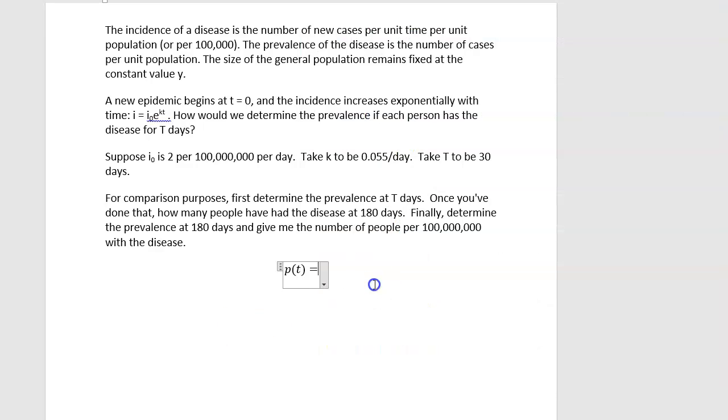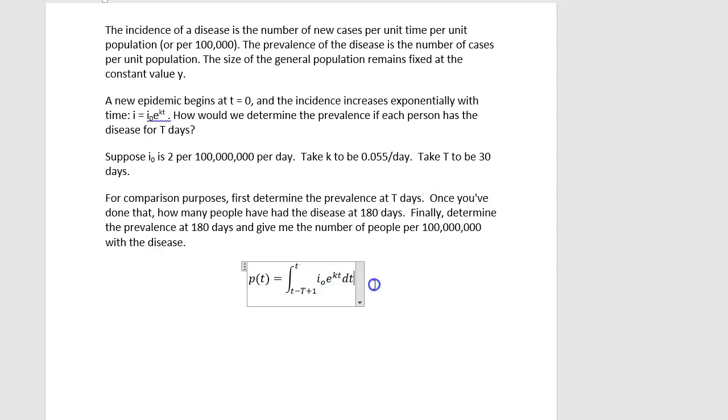So the prevalence is the integral from whatever time we're at, minus 30 days plus 1, so we're not adding in that extra day, to the time we're at, T. And this is I of t, which is just I naught e to the kt dt.